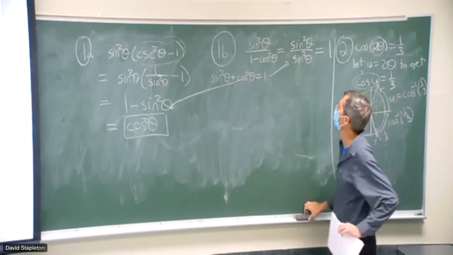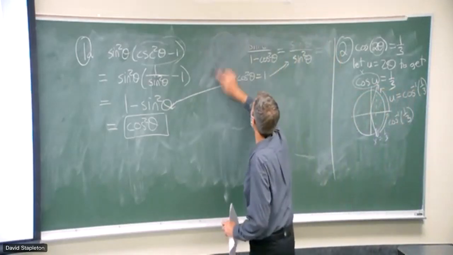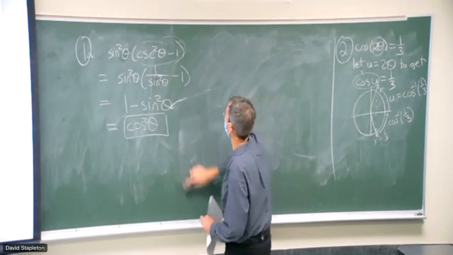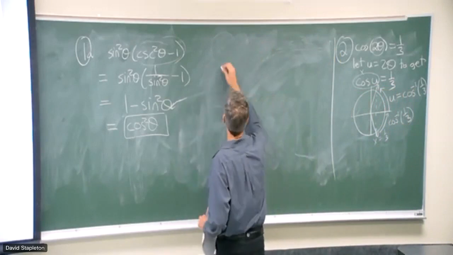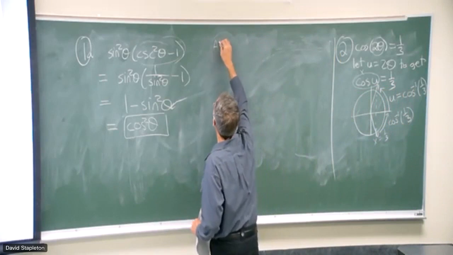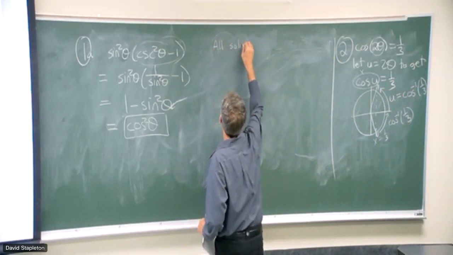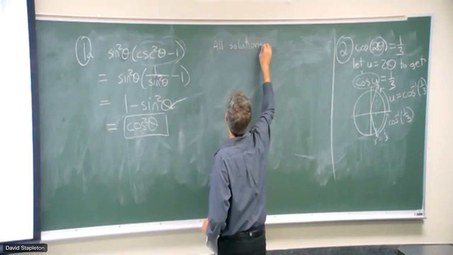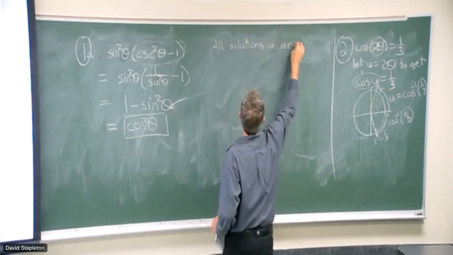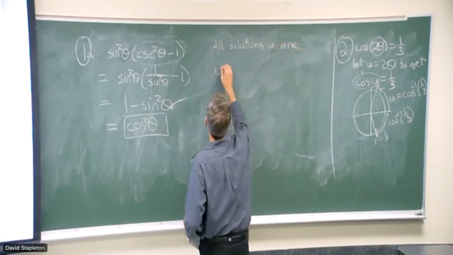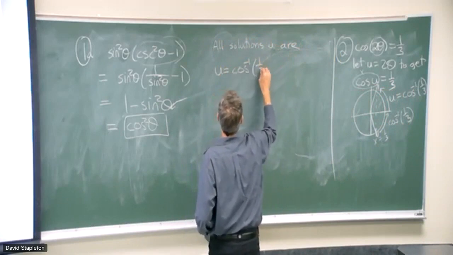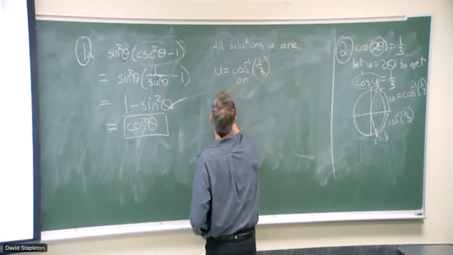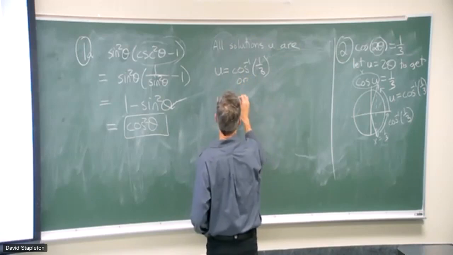So now I observe that all angles u that will make the cosine of u equal to 1/3 from that diagram must be arc cosine 1/3 or 2 pi back up arc cosine of 1/3.